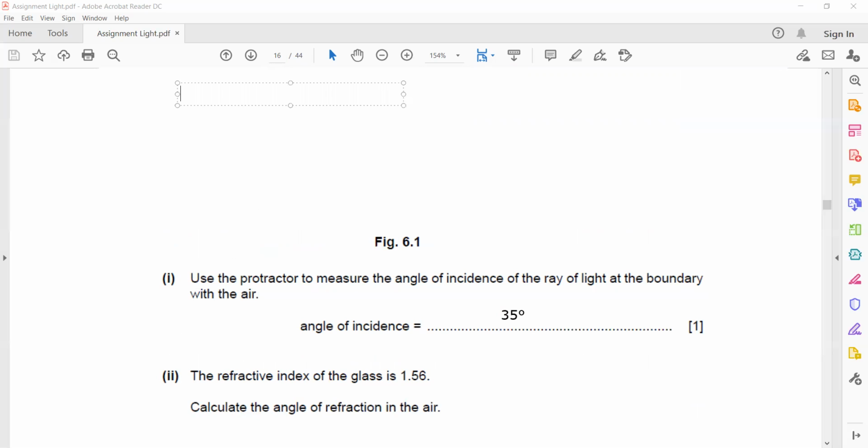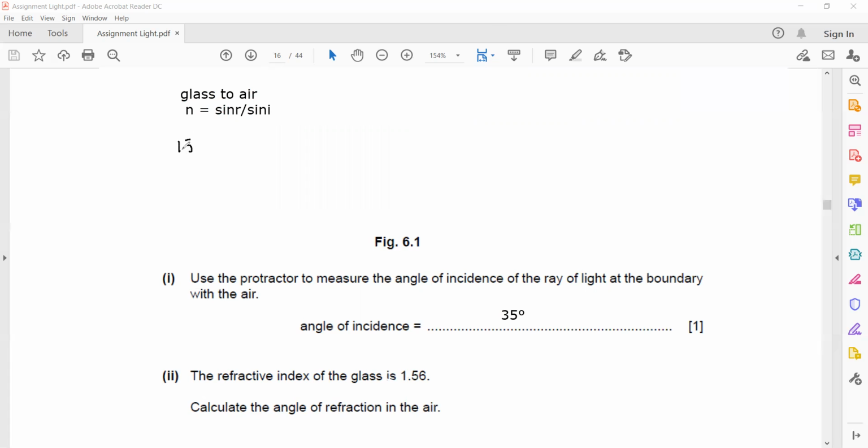Whenever it is traveling from a high density to a low density medium, here glass to air, the formula for refractive index is n equals sine r divided by sine i. We just substitute the values. The refractive index is 1.56.